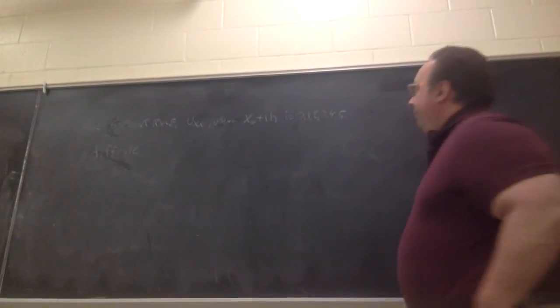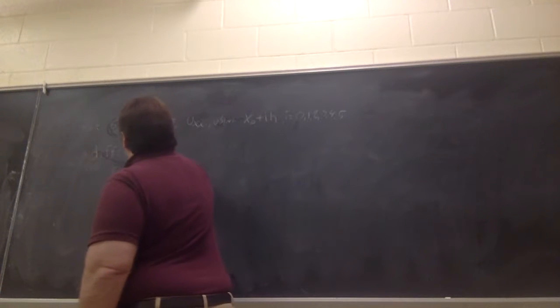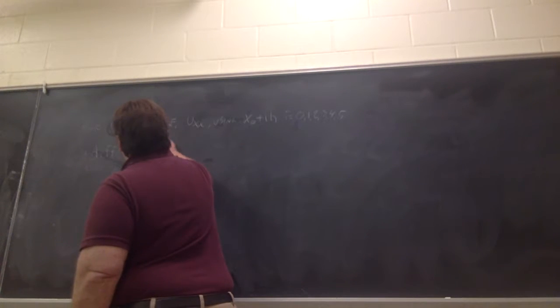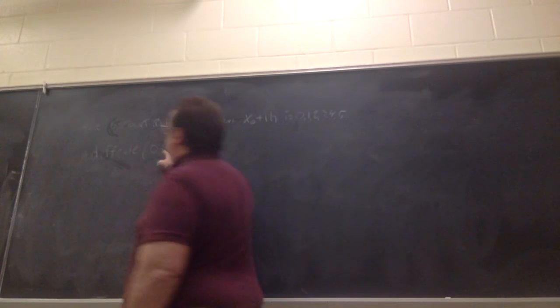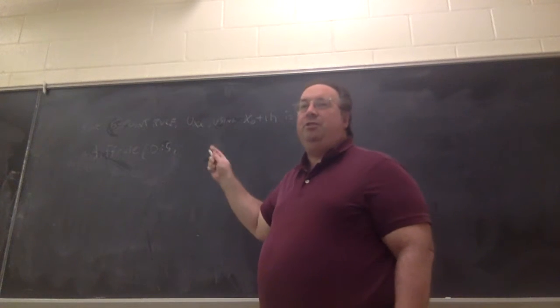The way you would call diff rule to get the coefficients is 0 to 5, indicating which multiples of h you want.